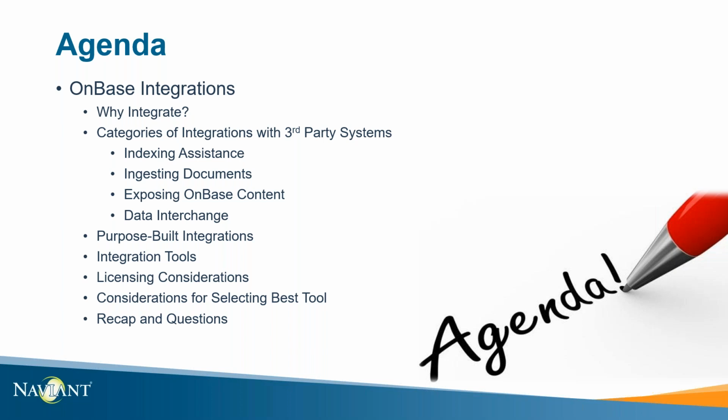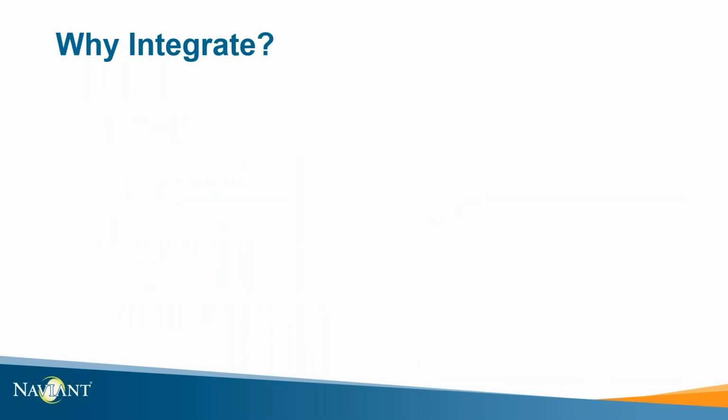There are a handful of purpose-built integrations that Hyland has already developed, and we'll talk through some of those, but then really get into some of the integration tools, considerations for licensing as it relates to your on-base system, and also different thoughts on selecting the best tool. And we'll leave some time at the end for questions and answers. Again, I encourage you to ask those questions. We'll save them all to the end of the webinar, but please pose them within the questions panel.